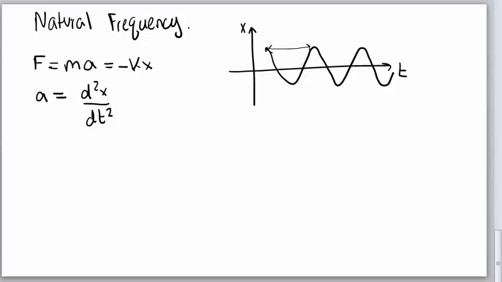All right, so that leads us to write that mass times acceleration plus kx is equal to 0.